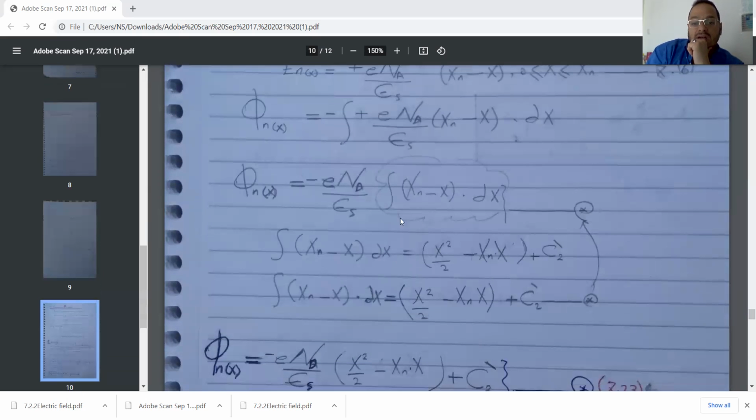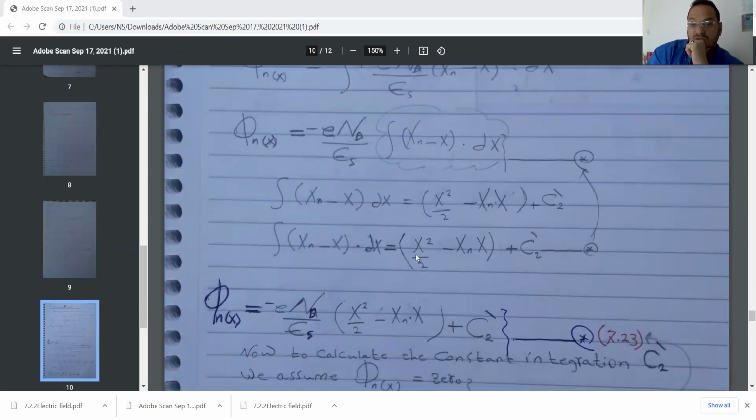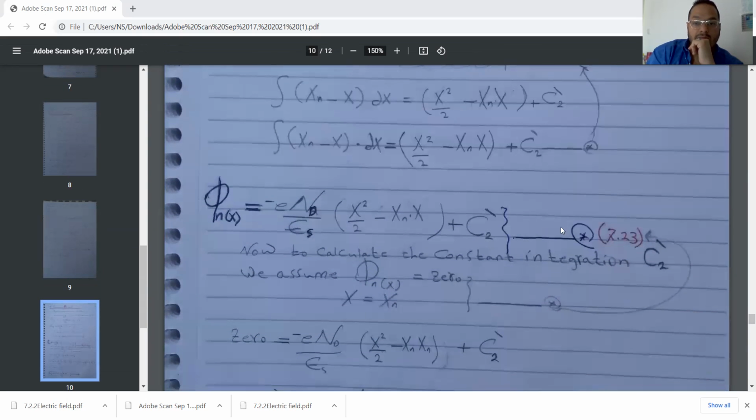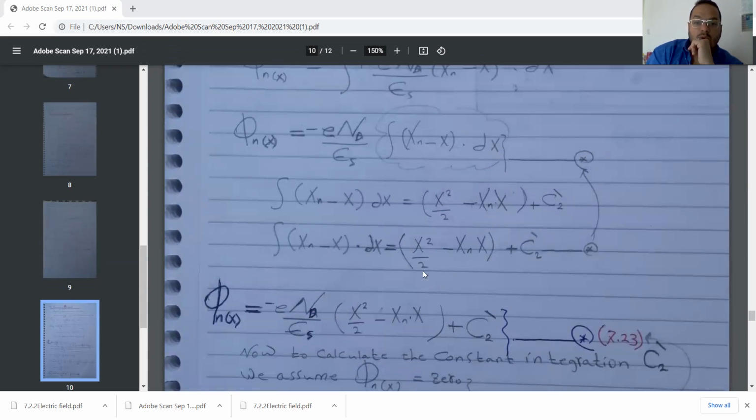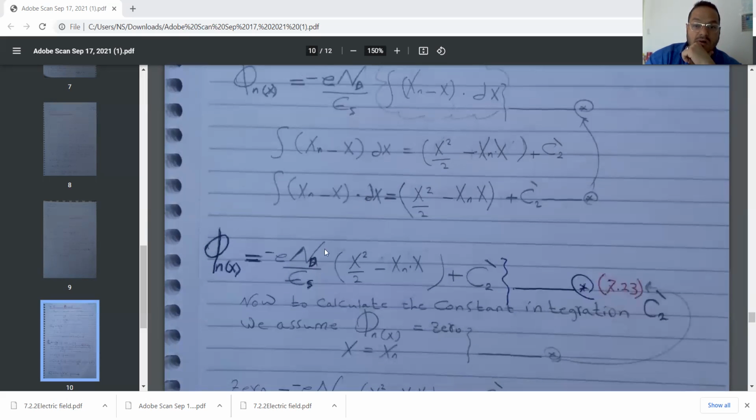Here, we can take the integration of this side alone, and the last result will be x squared divided by 2, minus the width in the N region dot x, plus the integration constant number 2. After that, we will put this result instead of the integration and write the potential equation in the N region again.